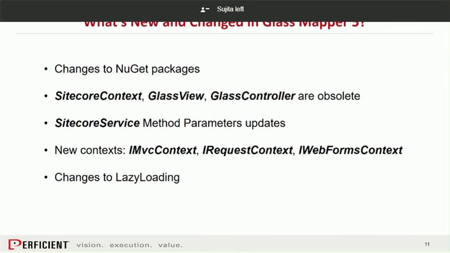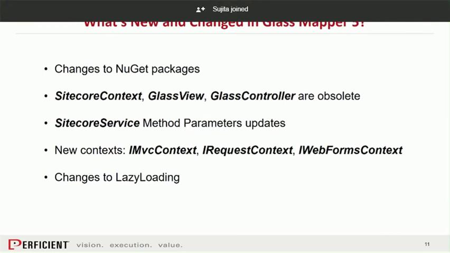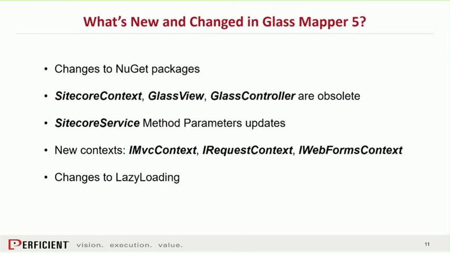And then with GlassView and Glass Controller, any value they were providing, you can get through other means, or they don't have much value at this point. So they're now marked obsolete. For example, with Glass Controller, that was providing you access to Sitecore context. Well, Sitecore context is now obsolete, so that's not a useful part of Glass Controller.